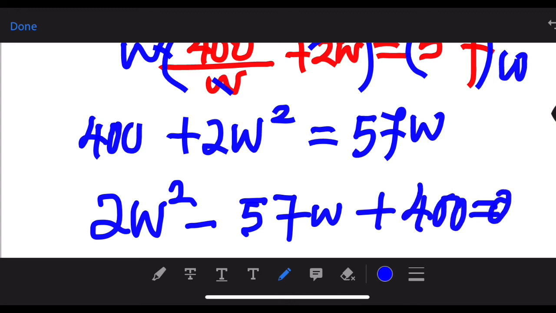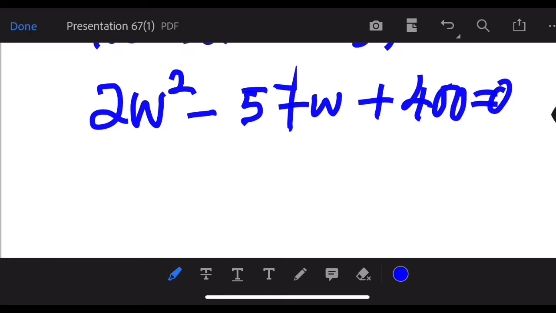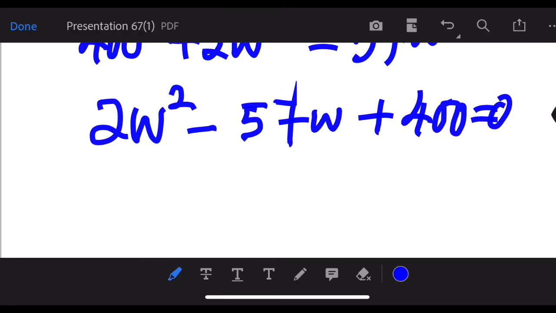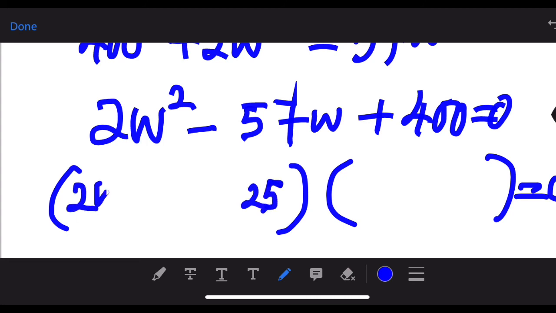After you see the quadratic equation, if you can factorize, then you factorize. So let me see how to factorize. Here is 25, here 2W, W 25.